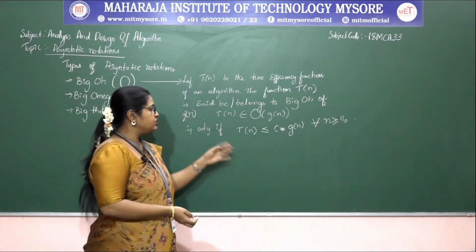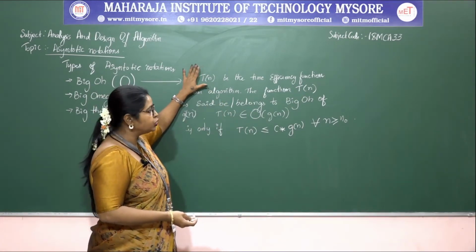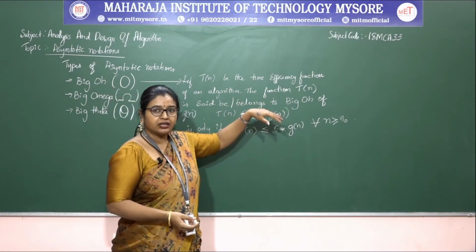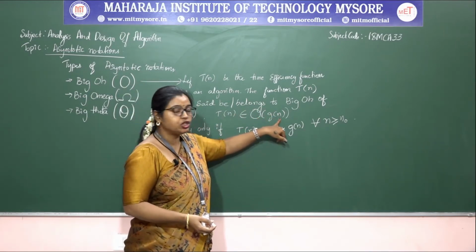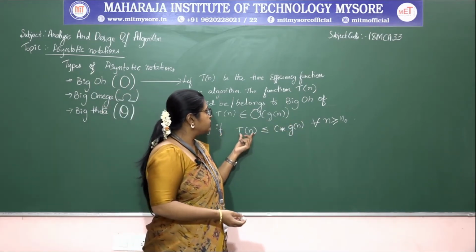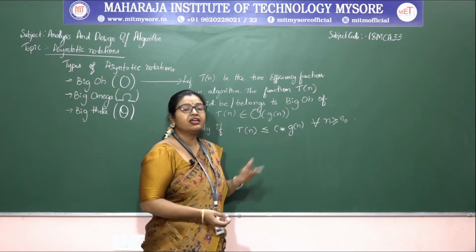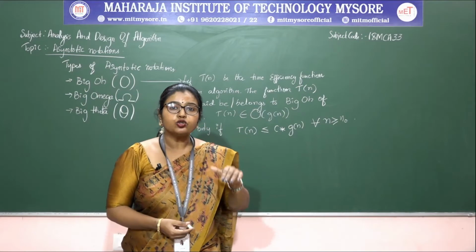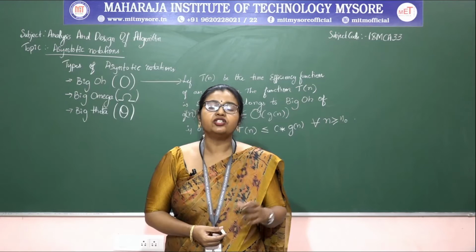So our time efficiency function is denoted by T of n belongs to big O of g of n if it follows the constraint T of n is lesser than or equal to c into g of n. Then only we can say that your time efficiency function T of n belongs to big O of g of n, for every given g of n.